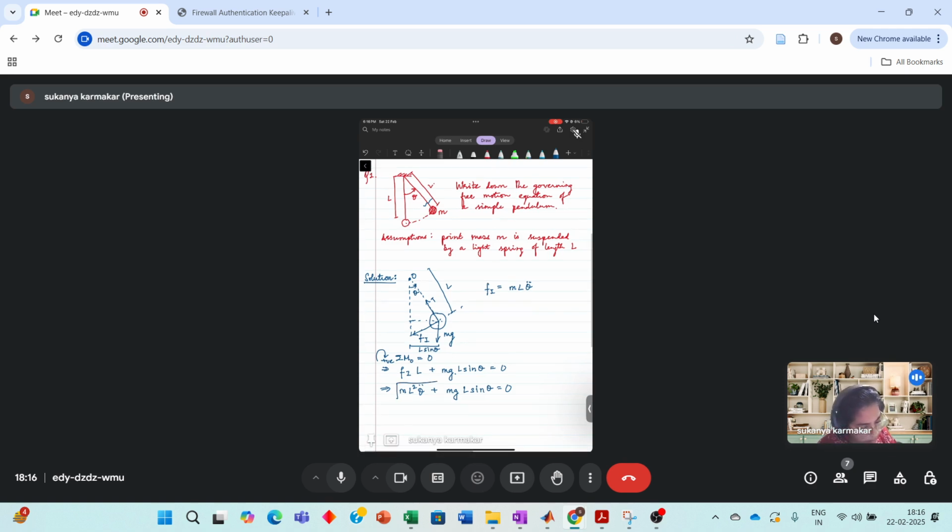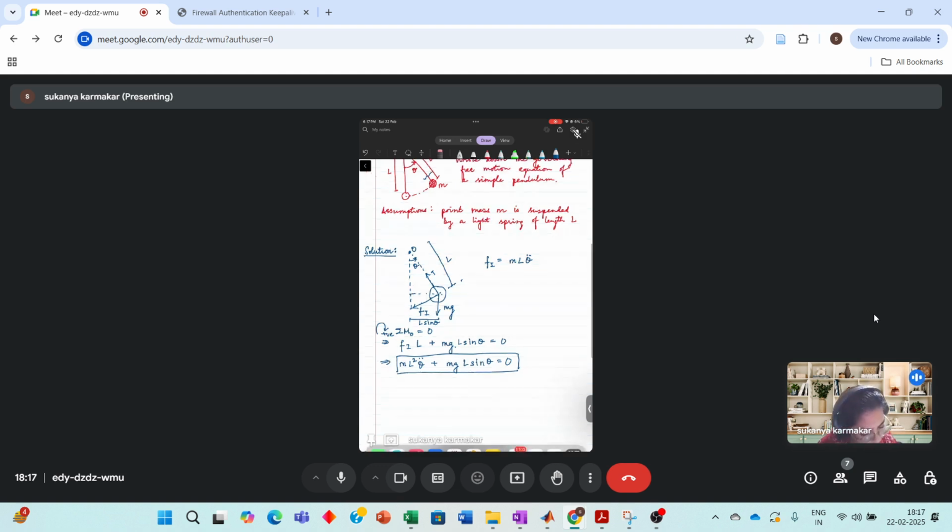So what we see here is a non-linear differential equation. How did I tell it's non-linear in theta? Because if you know the expansion of sine theta, it's a series where theta appears in powers of 2, 3. So this is a non-linear differential equation in theta.